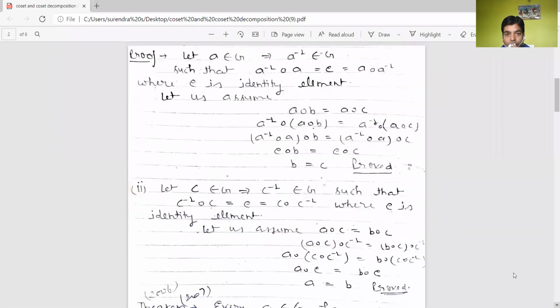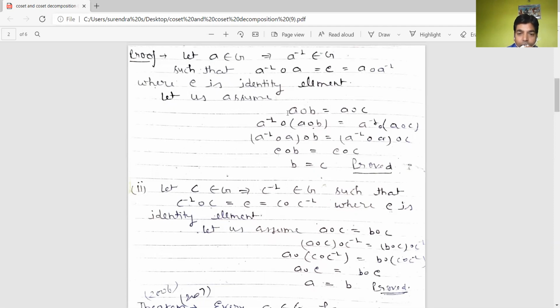For proof, let A belong to G. That implies A inverse will also belong to G, because G is a group and the inverse of each element must belong to G, such that A inverse operation A is equal to E is equal to A operation A inverse, where E is the identity element.